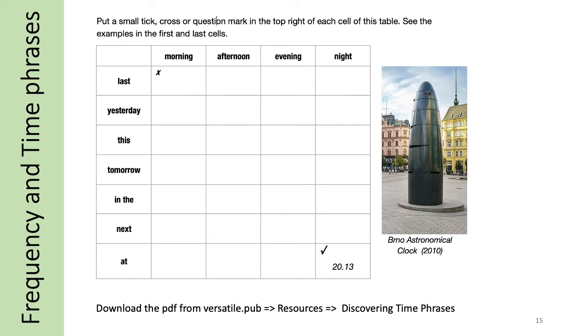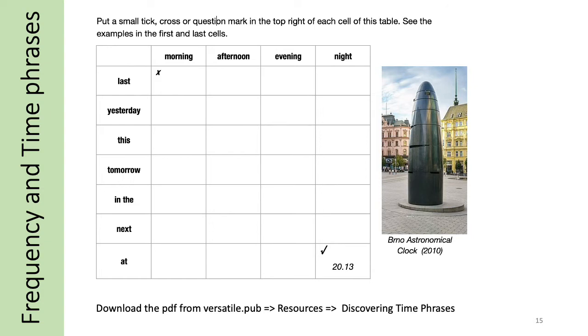Now here's another activity you can use with SkELL, and it also depends on hits per million. Across the top we've got 4 times of day, and down the left we've got words which are often used with these. So the first task is for the students to use their knowledge of English already to mark these.